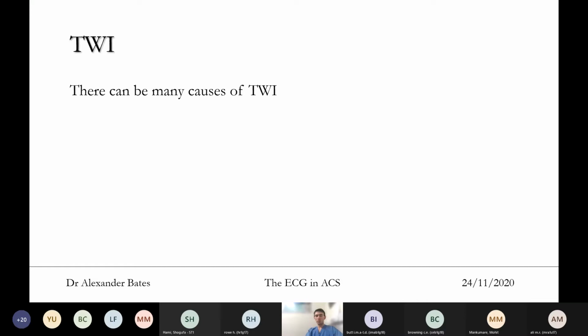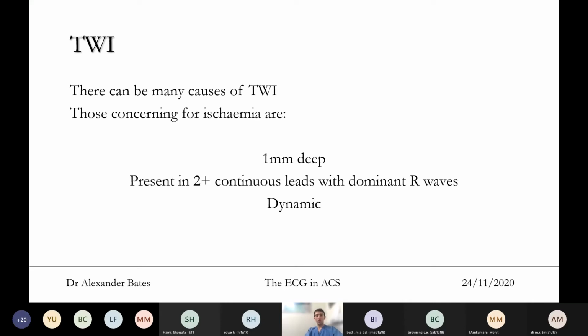However, there are certain features about T-wave inversion which, when you look at them, make you a bit more suspicious that this might be an MI as opposed to some other cause. And these are if the T wave inversion is more than 1 millimeter deep. That should be greater than 1 millimeter deep, not 1 millimeter deep. If it is greater than 1 millimeter deep, that is much more concerning.